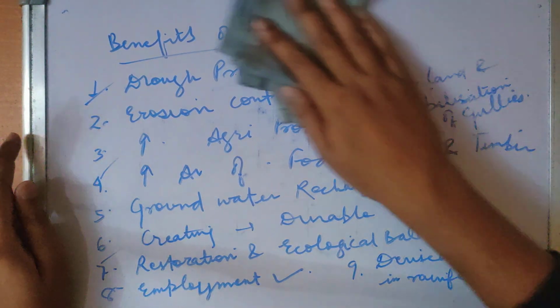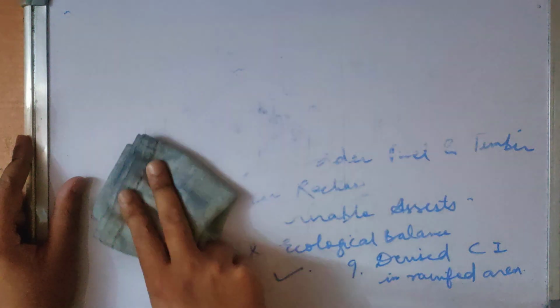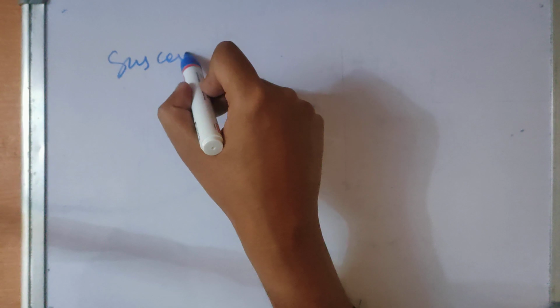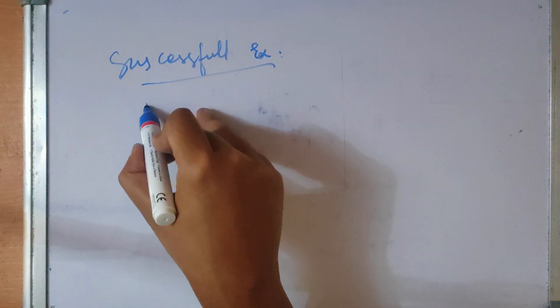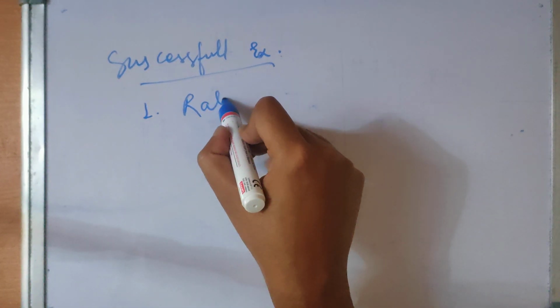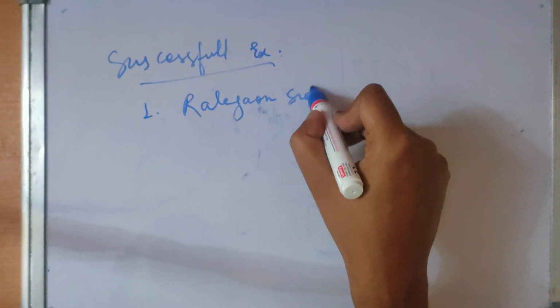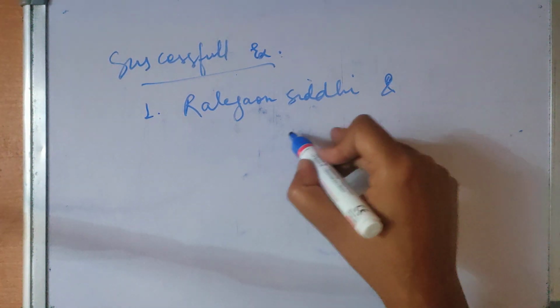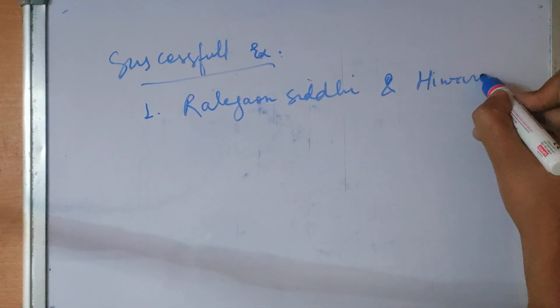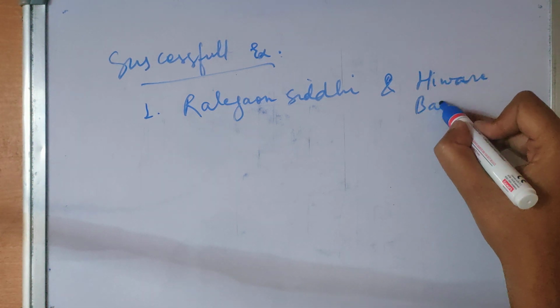So it is very beneficial for our country, for ecological restoration, for our farmers, especially farmers with less land and landless farmers. And we have successful examples in our country where proper watershed management is seen. First of all, Ralegan Siddhi and Hiware Bazar.